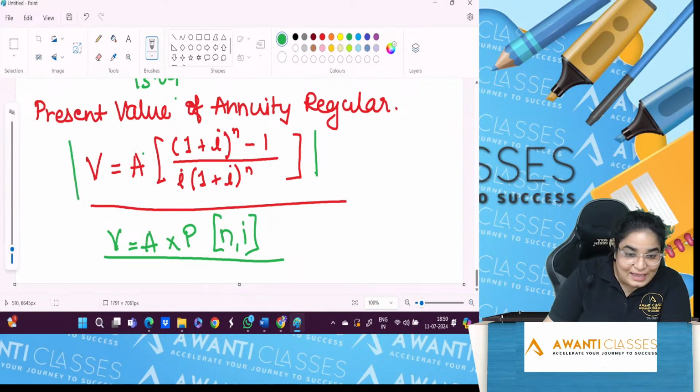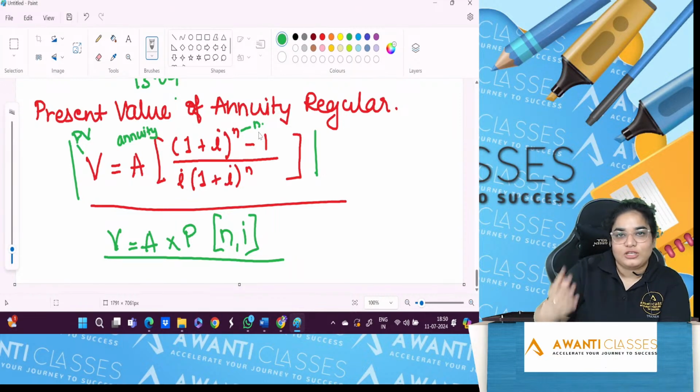Okay, A is annuity, V is present value. N is number of annuity payments or number of annuity receipts.